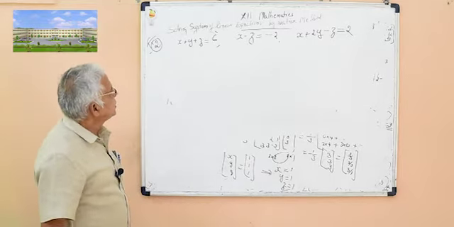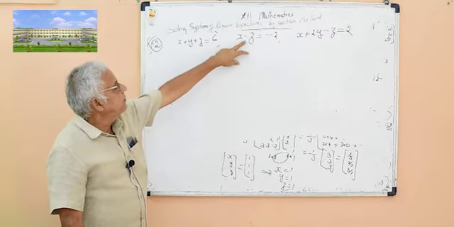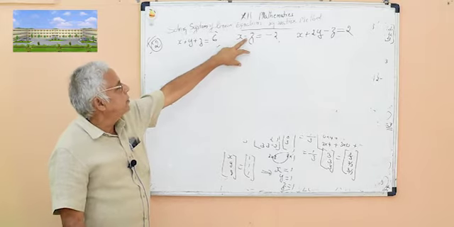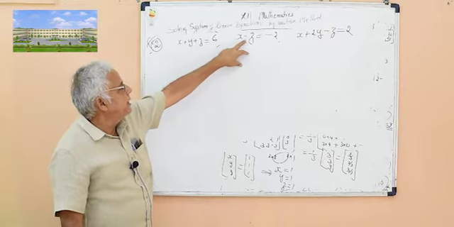In this system, there is no y term in the second equation, so we take the coefficient of y as 0: x plus 0y minus z.